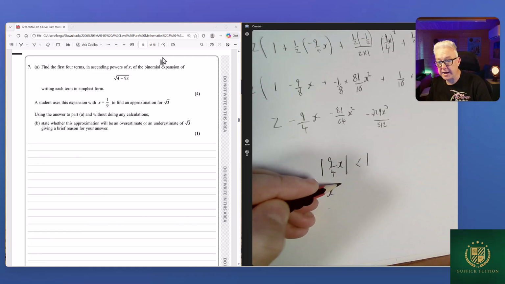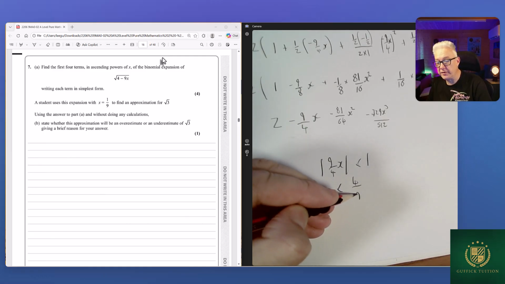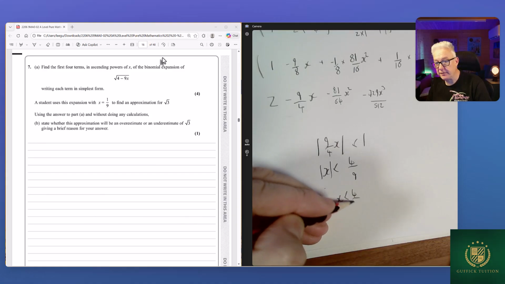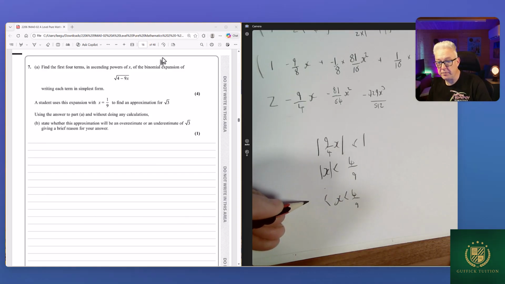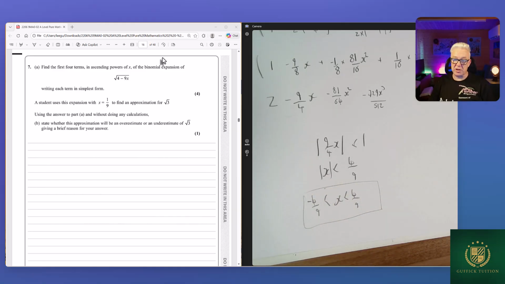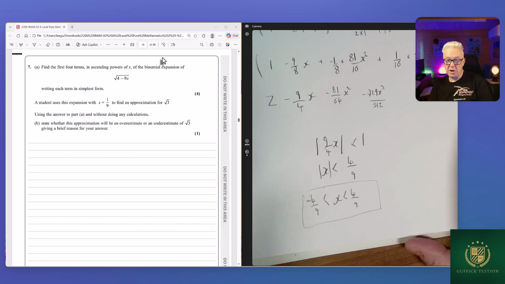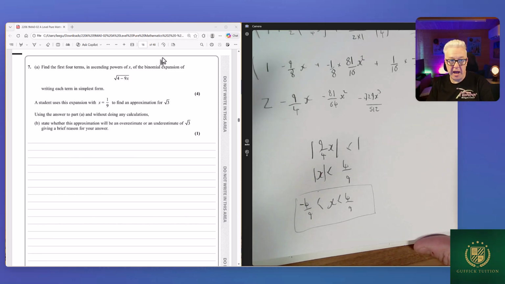In other words, x is less than 4 over 9 but greater than minus 4 over 9. So that's the range of values for which our expansion is valid, and 1/9 is clearly within this range. So there's no problem with the value that's being used for x.